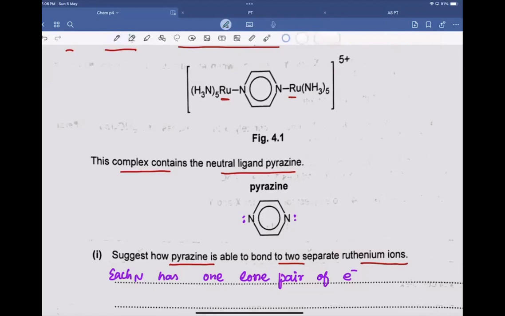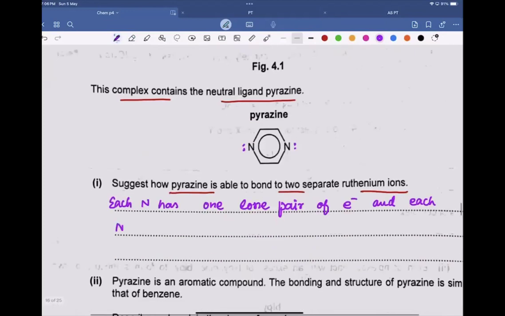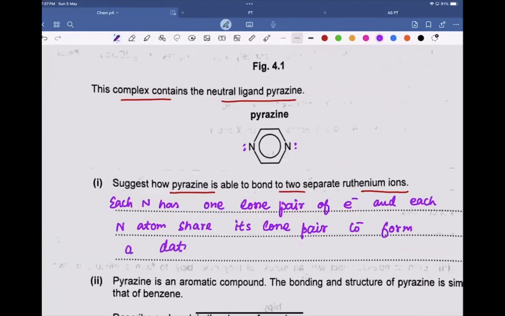Each nitrogen has one lone pair of electrons, and each nitrogen atom shares its lone pair to form a dative bond with a transition metal ion. Is this understandable to all of you?